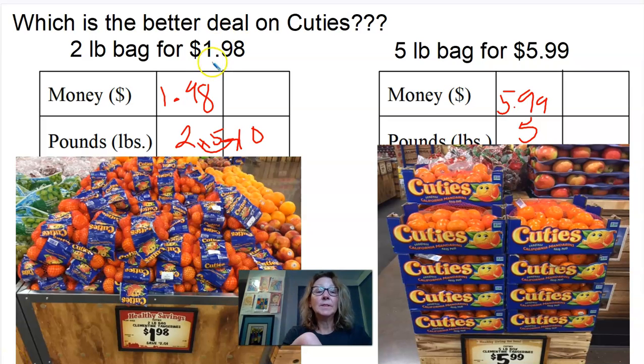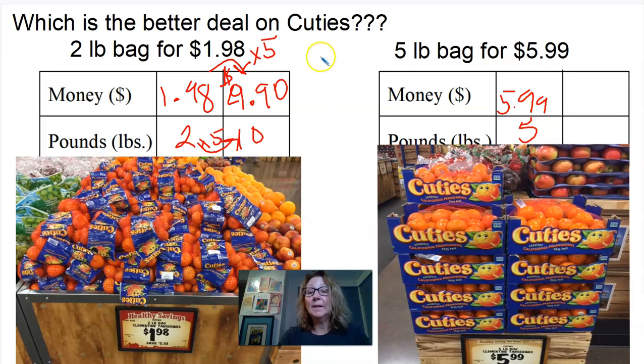If I multiply $1.98 times 5, if it was $2 times 5, it would be 10. But then there's 2 cents off, so it's $9.90 for 10 pounds. And then I'm going to take the $5.99 and multiply this one times 2.